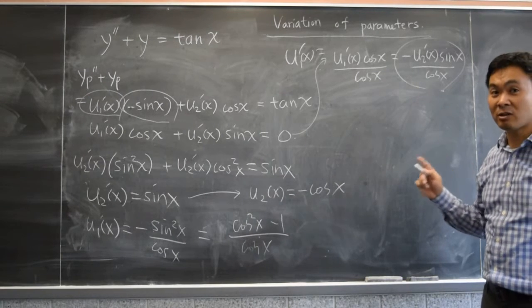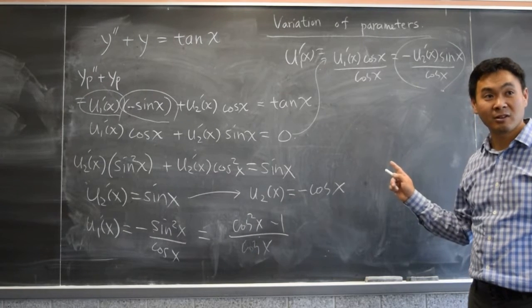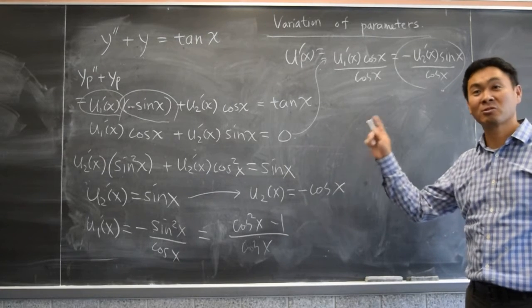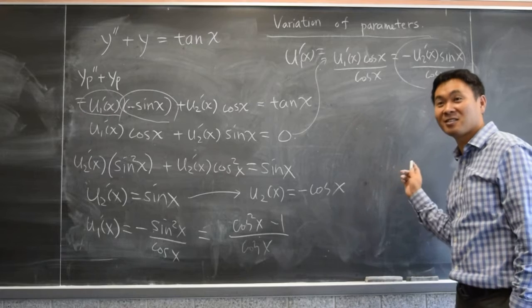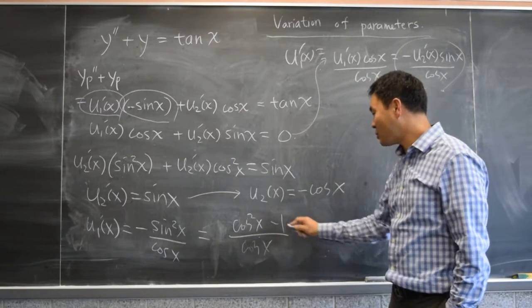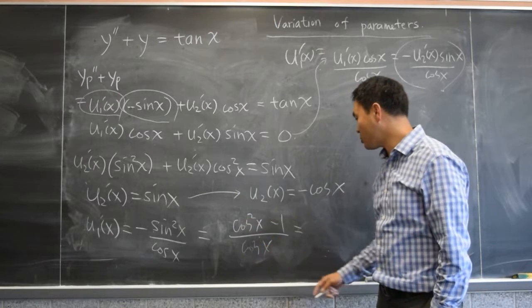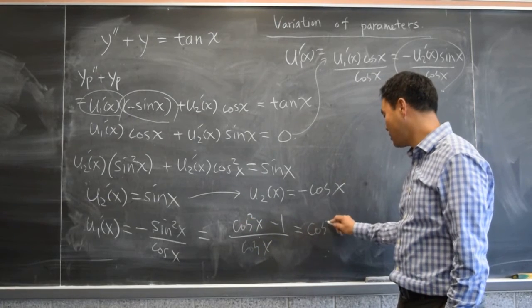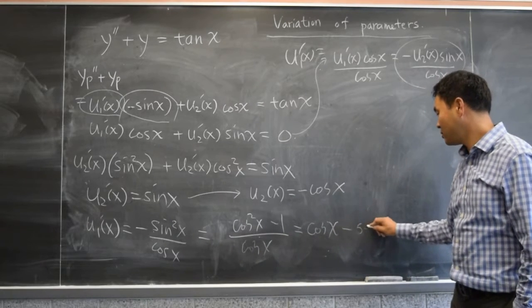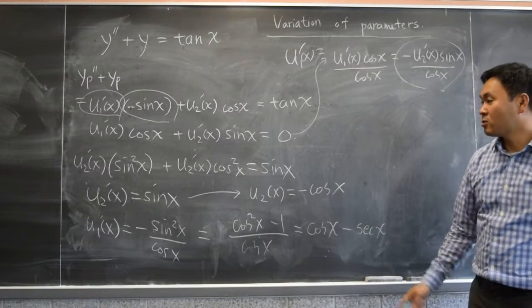Everyone knows that, right? And cosine squared is 1 minus sine squared. They all come from the fact that sine squared plus cosine squared is 1. So you should know that. So this is what you get, and that's equal to cosine squared over cosine, which is cosine, and 1 over cosine is secant of x. So that's u1 prime.